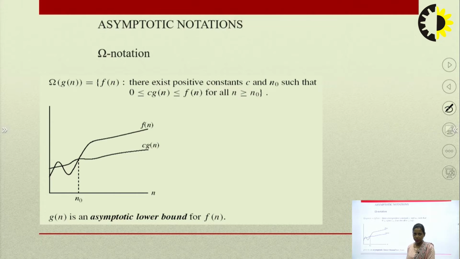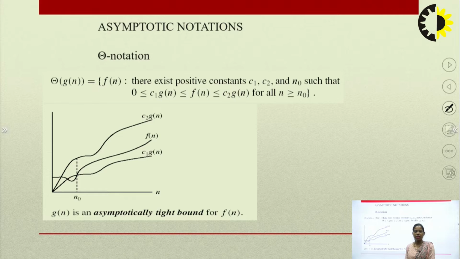The next asymptotic notation is theta notation. Theta notation can be defined as theta of g(n) is equal to function f(n) if there exist positive constants c1, c2 and n naught such that c1 g(n) and c2 g(n) bound f(n) for all values of n greater than n naught.